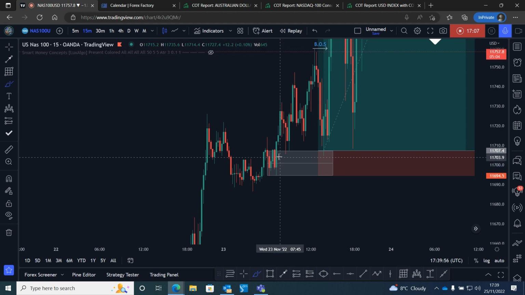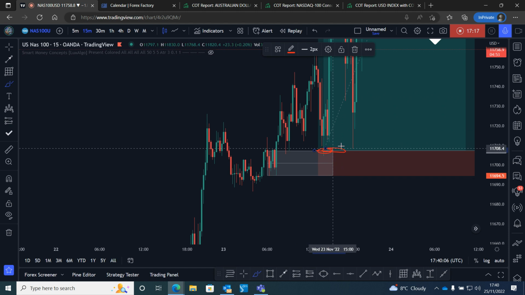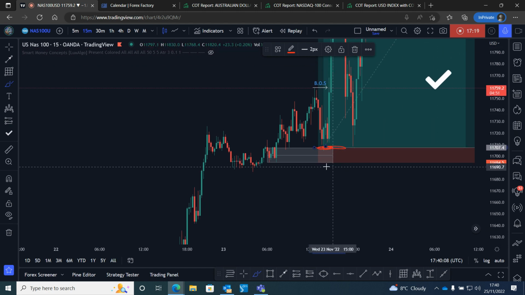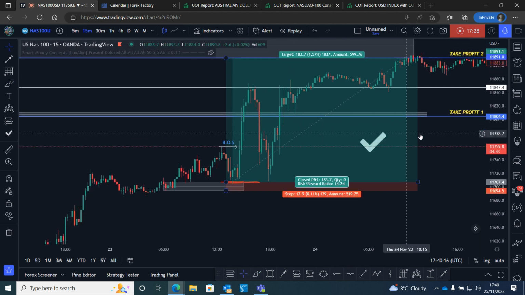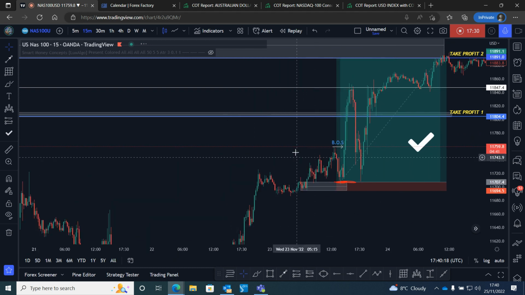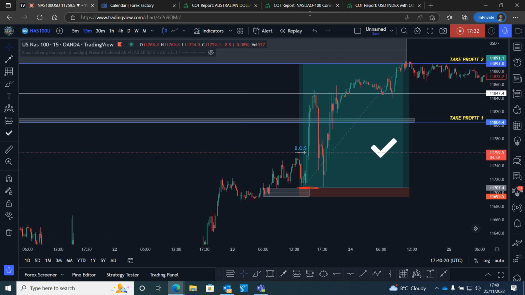So price needed to come fill this imbalance. This is the last bearish order block before the price pushed to the upside. So I set a buy limit right here, put our stop loss just below the wick on the low of the bearish order block, and take profit here, as you can see.